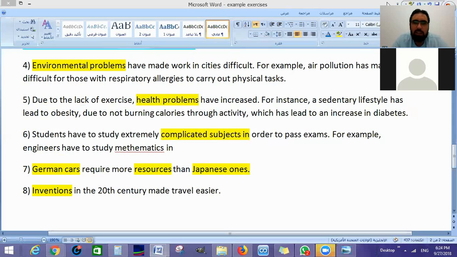For instance, mathematics as a subject, which is a prerequisite for engineering. I wanted to write a full example because we did partial phrases. I wanted now to write full examples, so full sentences, and for a full sentence we need a subject and a verb. So we're going to have to start off with a subject.